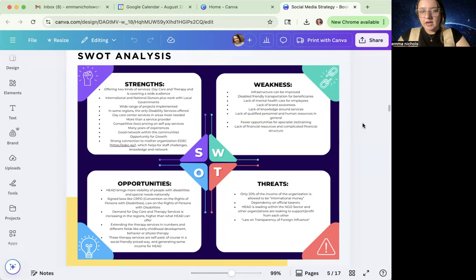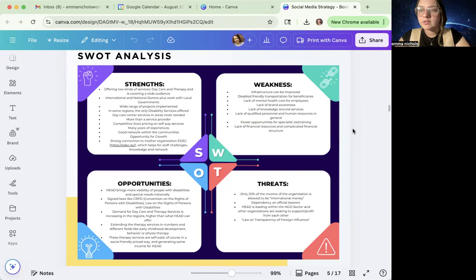So if we have an opportunity to connect with more businesses within the communities, then one of the things that you're going to be doing is reaching out to people via your social media. Or one of the weaknesses is that infrastructure can be improved, and that would mean that we need to talk more about why it's good to donate, or how we can get more donors.